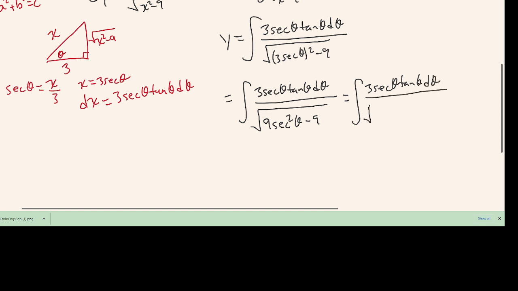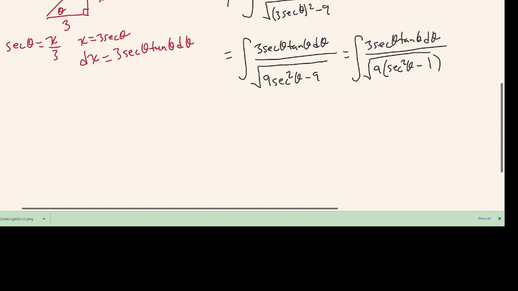divided by the square root of, we'll factor out this 9, times secant squared theta minus 1. Now, secant squared theta minus 1 is equal to tangent squared theta. That's part of the Pythagorean identities of the trig functions.